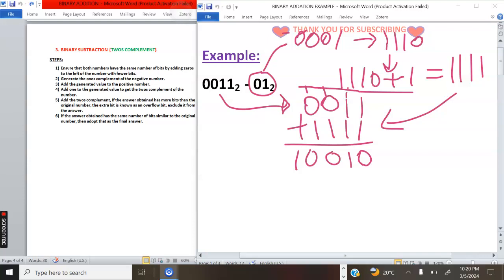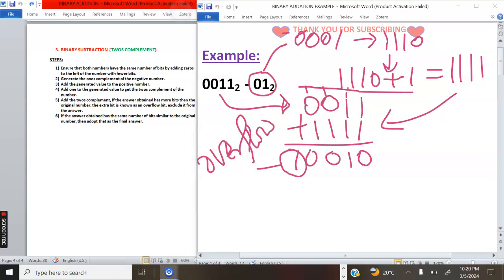Okay, having done that, rule number 5 says that if there's an extra bit, which is known as the overflow, this one is our overflow. Unlike the case of 1's complement where we are supposed to add it, for 2's complement you are supposed to exclude it.